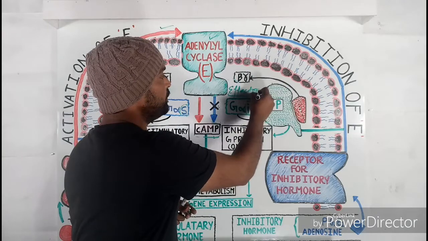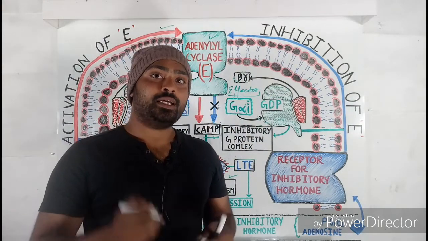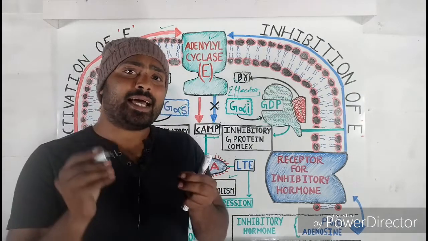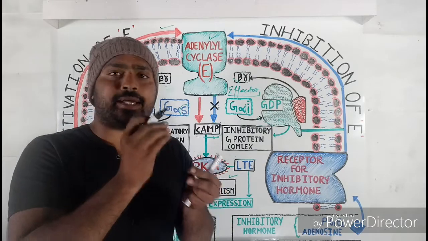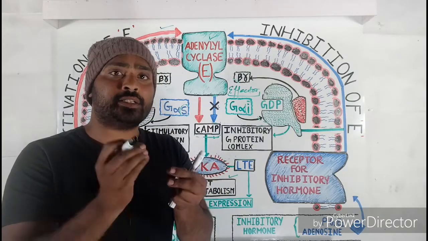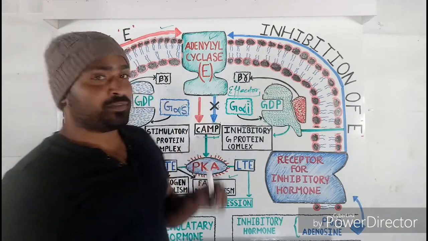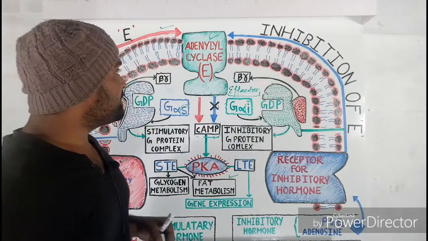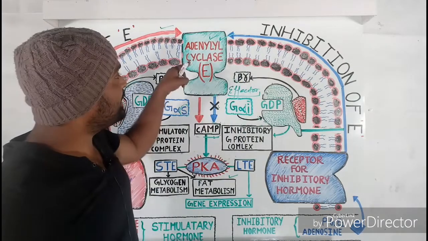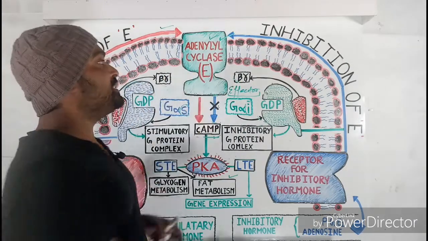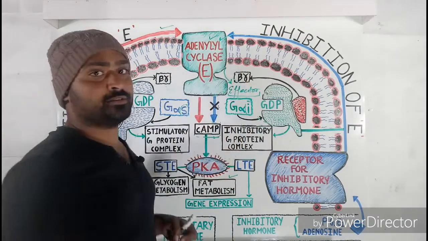The effector molecule is the protein which is actually giving the results, or we can say it is directly or indirectly involved in giving results. In this pathway, cAMP signaling, that protein is adenyl cyclase. So adenyl cyclase is an enzyme which is acting here as effector.